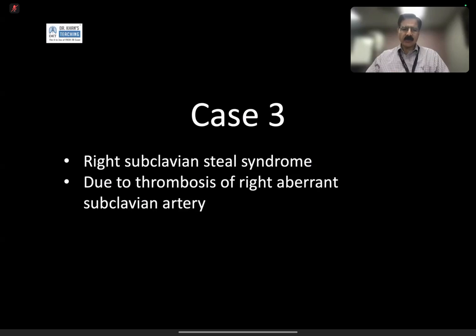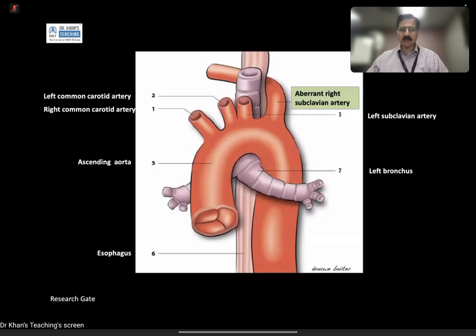And this right subclavian steal syndrome is due to thrombosis of right aberrant subclavian artery. Basically, there are two findings here. And the first thing is that you have to pick up that there is a right aberrant subclavian artery, which is thrombosed. And because of that, there is subclavian steal syndrome, which can explain the symptoms.